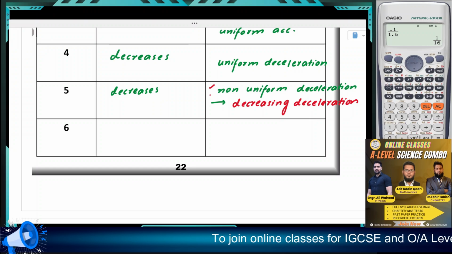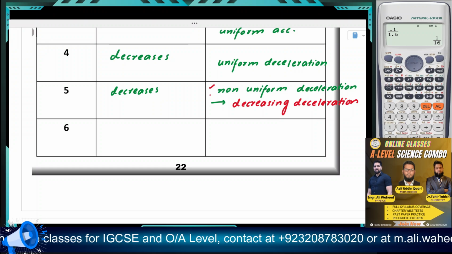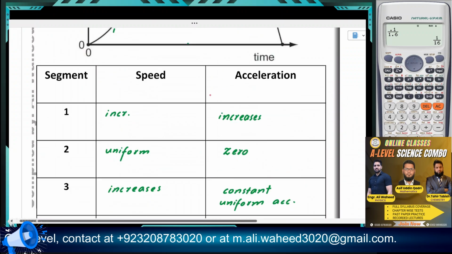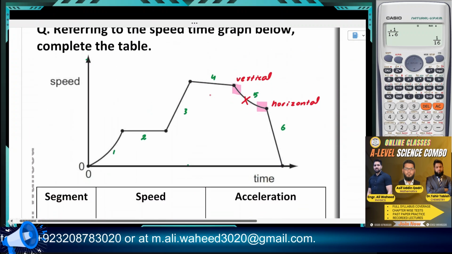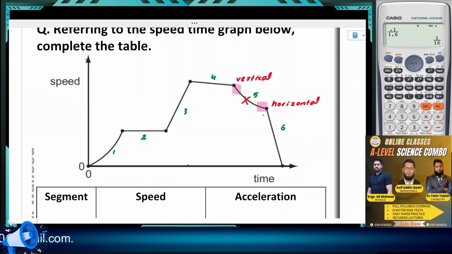We don't have to specify what kind of non-uniform acceleration. But just in case you have to answer that, you check the gradient. If the gradient is being increased, it would have been increasing deceleration. But in this case, the gradient is being decreased.